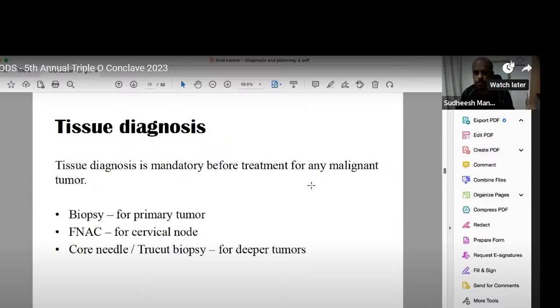You don't need both biopsy as well as FNAC. Either one is enough. Core-node biopsy or true-cut biopsy, we don't do routinely for oral cavity cancers, but for deeper tumors of the neck, you might go for a true-cut biopsy or an image-guided true-cut biopsy.